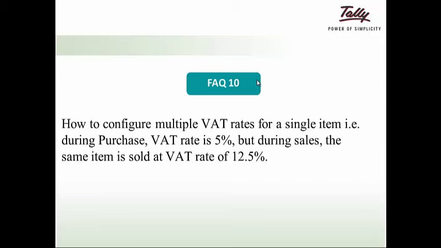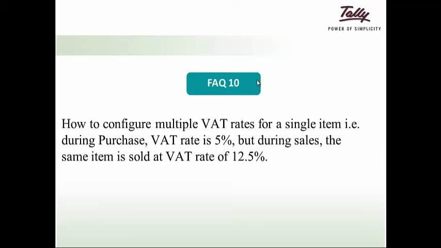This could happen when, say, you are selling to some different type of unit for which the rate which is defined is different, or in some states for the same item different VAT rates could be applicable, where for example for marble a manufacturer would be charging a different VAT rate and a trader would be charging a different VAT rate.